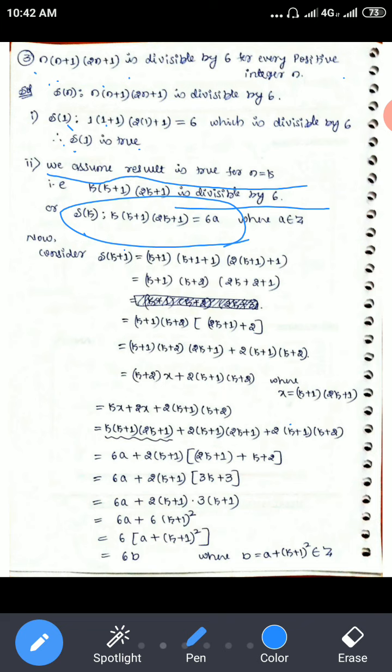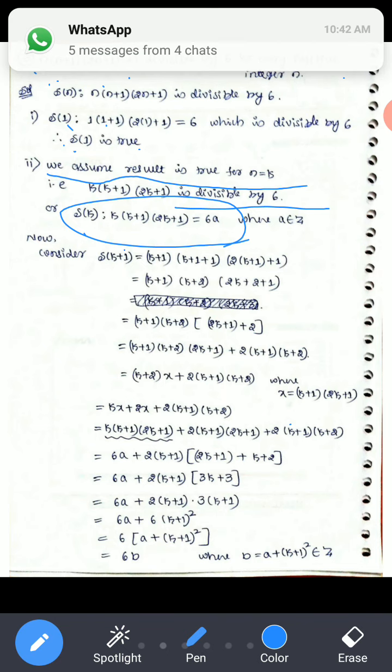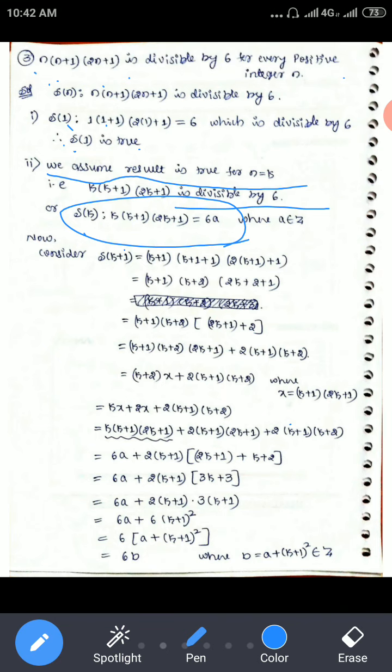As we are writing it is divisible by 6, so it should be a multiple of 6 only, the meaning is one and the same. So s of k, I am writing k into k plus 1 into 2k plus 1 is equal to 6a. Consider now the result for s of k plus 1, that I have to say.